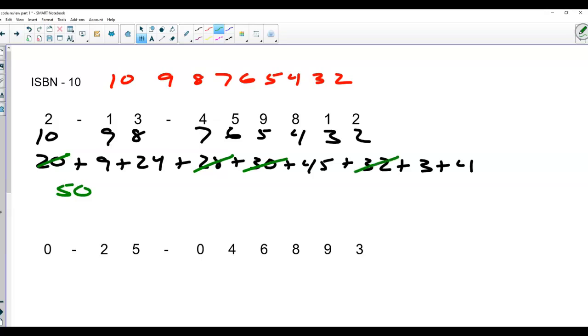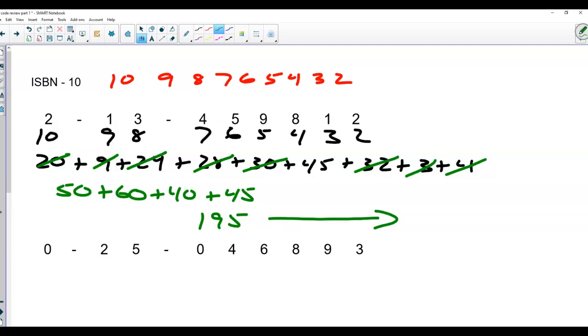28 and 32, that's 60. And then 24 and 9 is 33. 33 and 3 is 36. 36 and 4 is 40. And then I'm left with a 45. So my sum here is 195. So my next number that's divisible by 11.